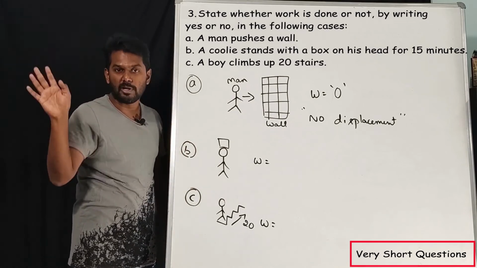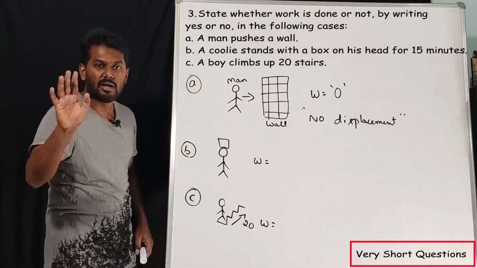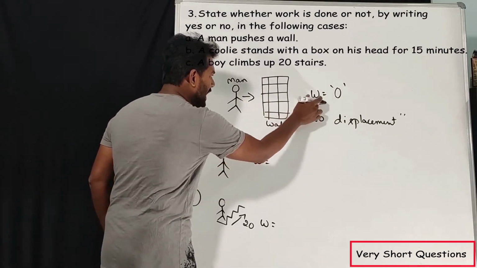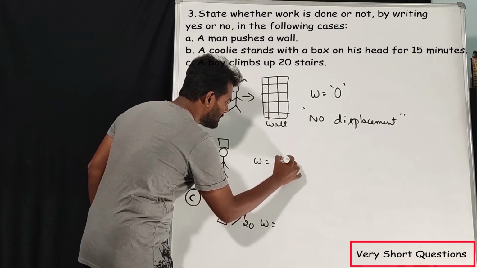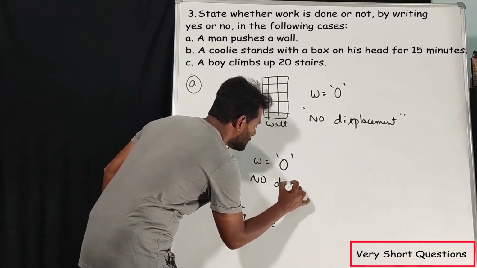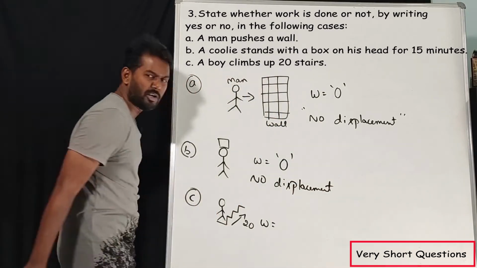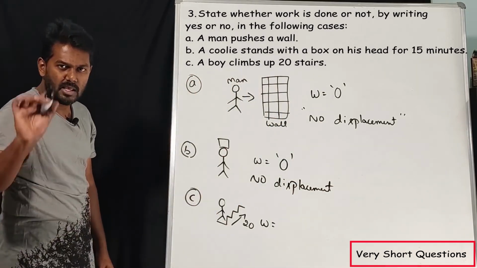There is a force, which is the weight of this luggage acting in the downward direction, but he is not moving, so there is no displacement. As in the first case, the work done is again 0. Why? No displacement, that is why the work is 0.